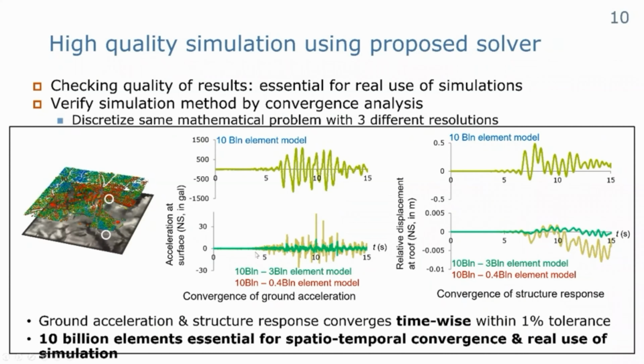And here you see the difference between the 10 billion element model and the 3 billion element model, and 10 billion element minus 0.4 billion element model. So you see we can get a converged solution. We have to ensure the quality of the numerical simulation, and that's why we have to use this kind of huge degree of freedom program.